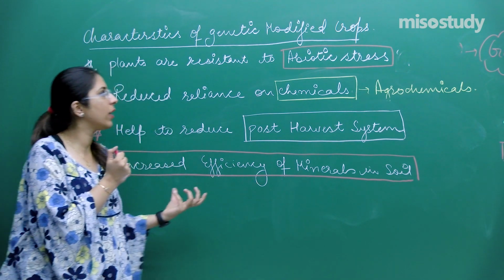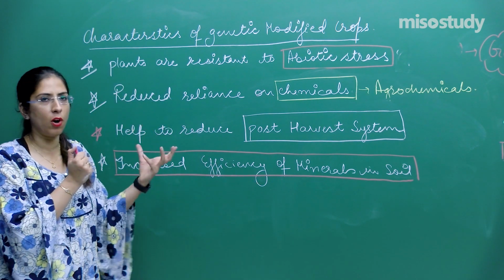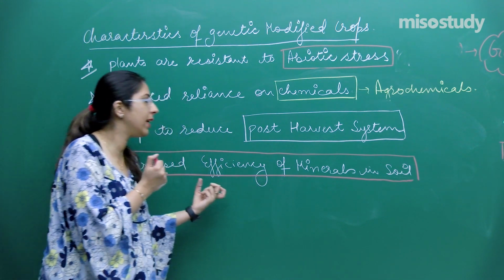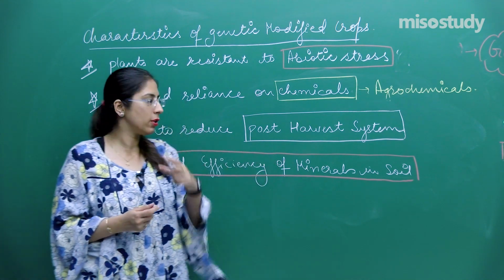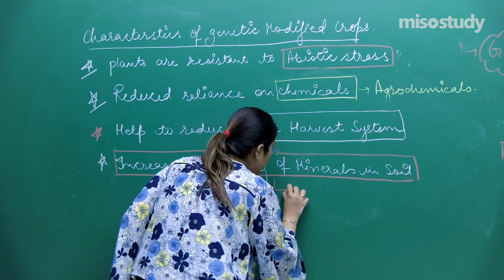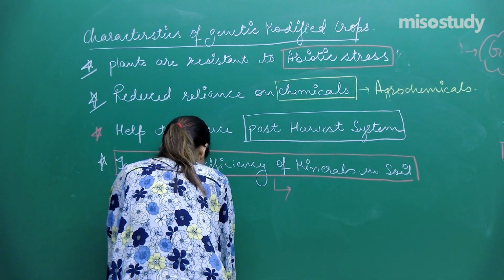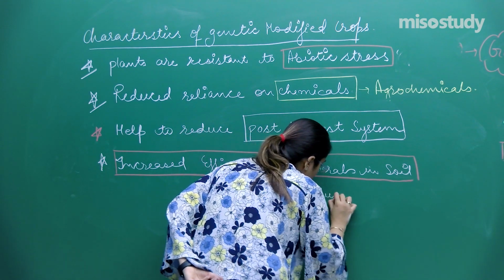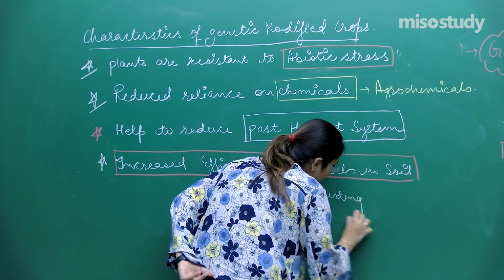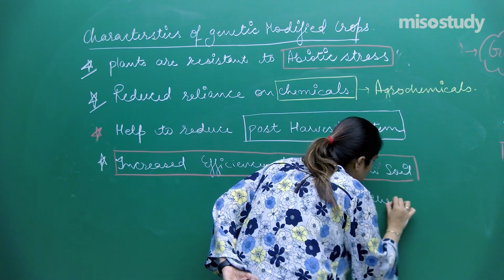What we have to do, we are making such type of crops that can efficiently harvest those chemicals from the soil without making the soil deficient, or you can say without exhausting the nutrients in soil.